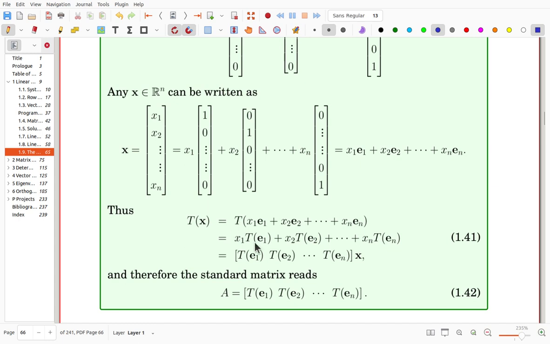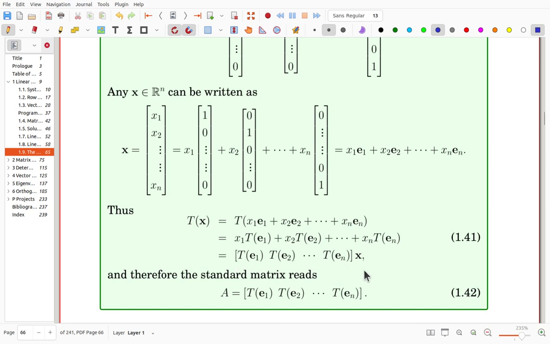Linearity of T makes that. And we collect these vectors T e1, T e2, up to T en, and x. So if we define this portion as A, then T of x is the same as A of x.